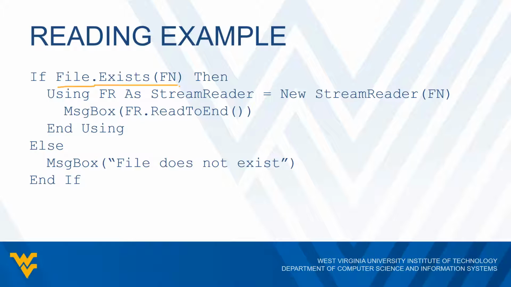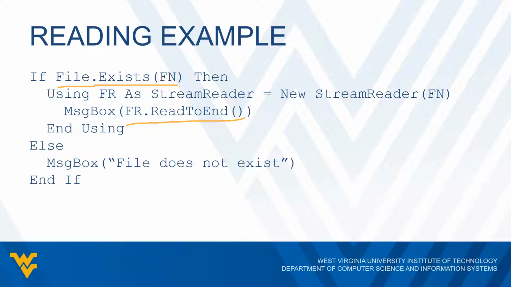We call new stream reader and pass the file name, so that gets stored in fr. Then, in this particular example, we display a message box that displays the entire contents of the file. Remember, we have here the fr.ReadToEnd method, which reads everything in the file. So it would just display the entire contents in a message box.